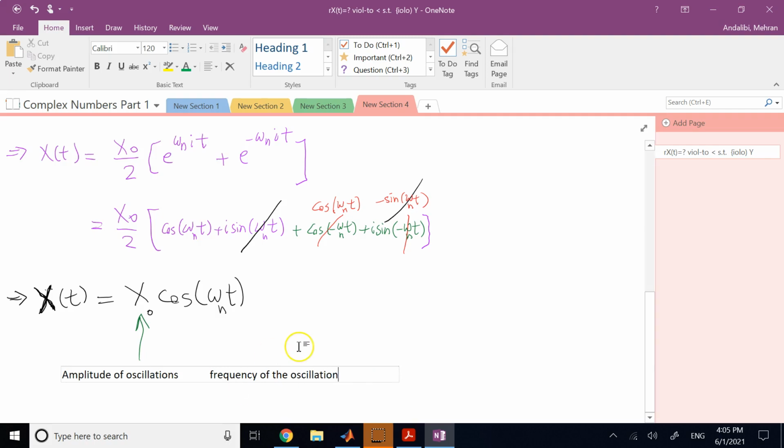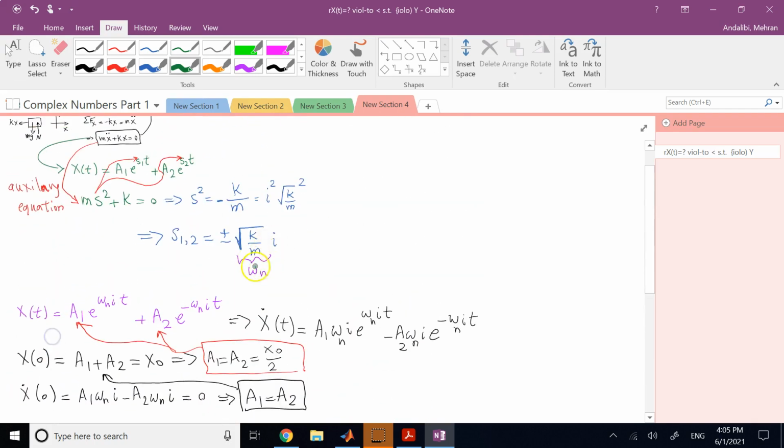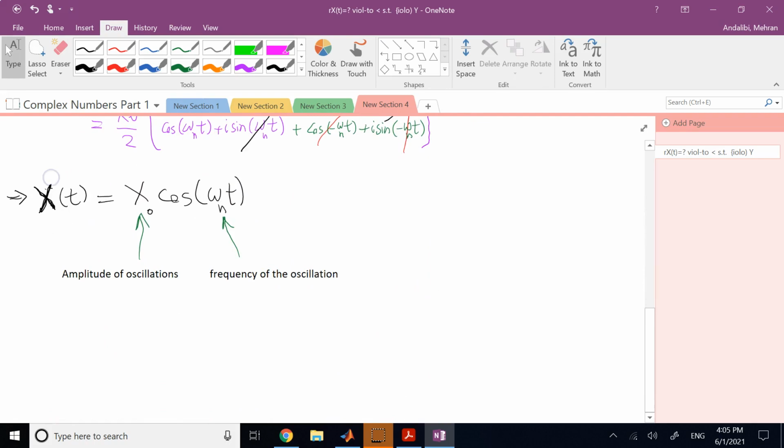And we call it natural frequency because it is happening, it's an oscillation that is happening without any external force. It's how the system will oscillate by itself. So this guy, which was the square root of k over m, we call it what? Natural frequency of the system.